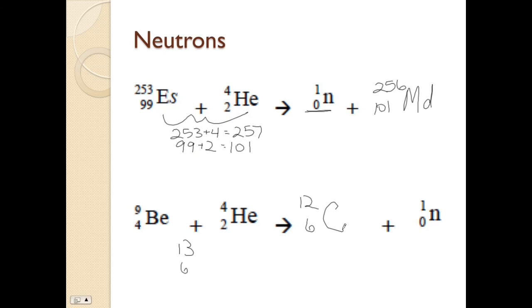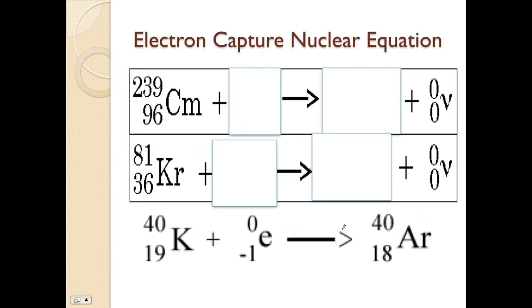See, regardless of which type is going on, it's the same math the whole time. You make sure your top numbers and your bottom numbers add up on both sides. And then which type of reaction it is just depends on what particle is going on. This one involves neutrons, it's technically kind of alpha capture. If we have electrons being picked up, it's electron capture.